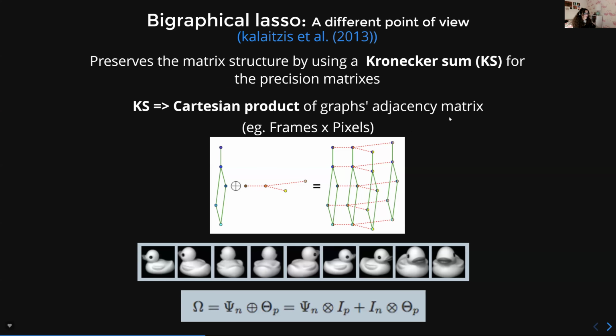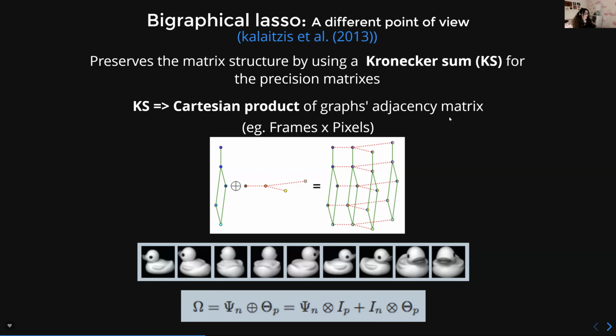The overall precision matrix is defined as a Kronecker sum between the two. This translates into the Cartesian product of the graphs' adjacency matrices. This is the model.